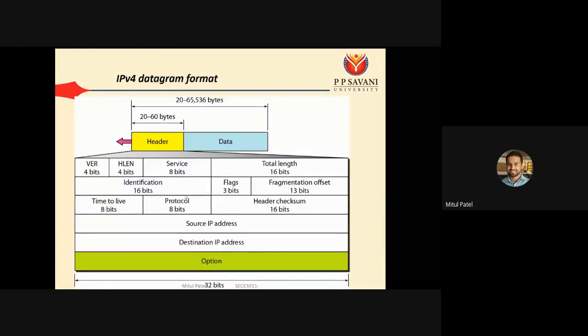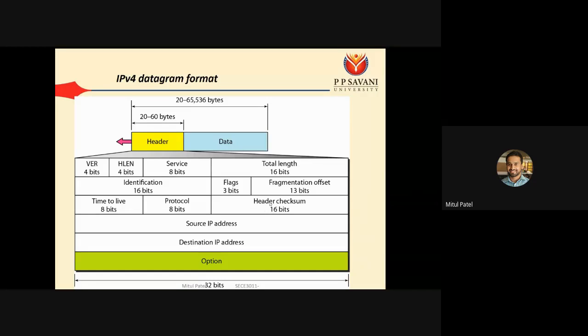Using this protocol field, we can say whether the IPv4 datagram that has arrived is a single packet or is part of some upper layer protocol. Then we have the header checksum. If any bit has changed, from version to service, identification, TTL, protocol, even a single bit, it will create a difference in the checksum value.